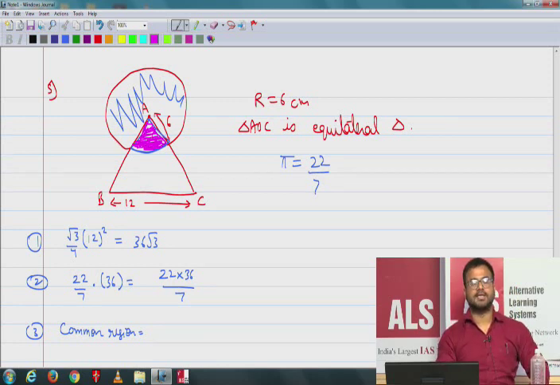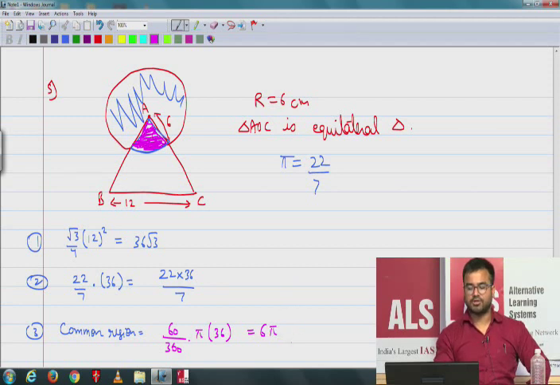And since this is a sector and this sector is a part of the equilateral triangle, the central angle is 60 degree. So theta over 360 into pi r square, which is 36. So it will be 1 by 6, or it will be 6 pi, right?